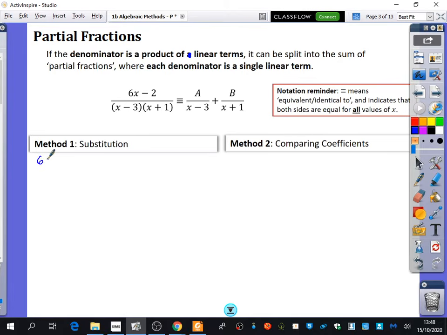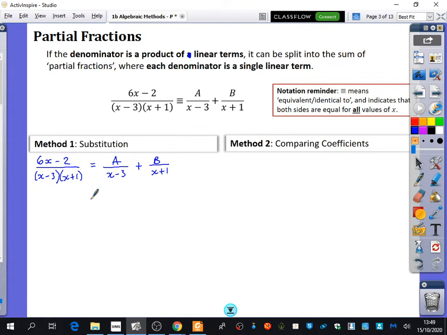I'm going to begin by writing out what I had over here. So I have 6x minus 2 over x minus 3, x plus 1. And we know that this can be split into A over x minus 3 plus B over x plus 1. Whatever these linear factors are here, they're just going to be repeated, and they're never going to change to something different. Then, using the skills you've just done for your homework, I'm going to add these two fractions together so that I can compare.